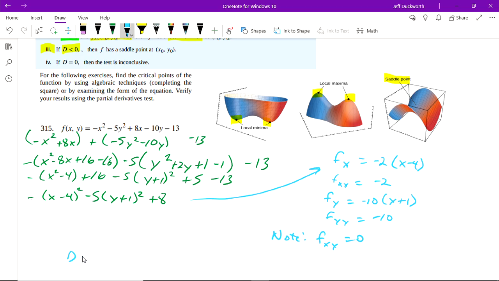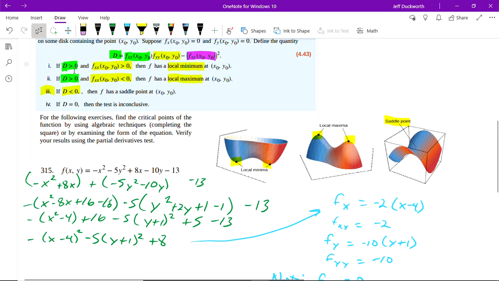So our D is going to be negative 2 times negative 10 minus 0 quantity squared, which gives us 20, and that is greater than 0. So let's scroll up a little bit. So we have it greater than 0, so we have to determine if our second derivative with respect to x is positive or negative, and it is in fact equal to negative 2, which is negative.